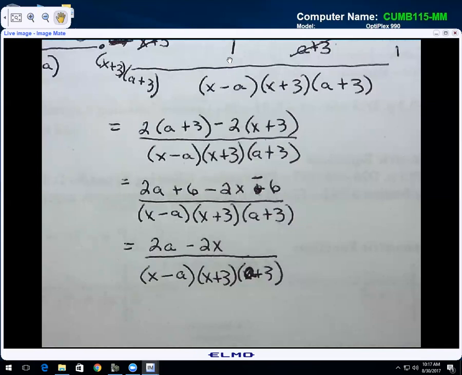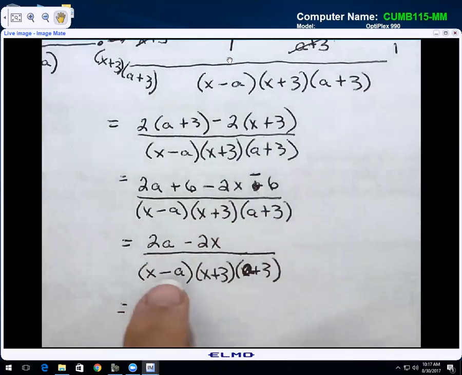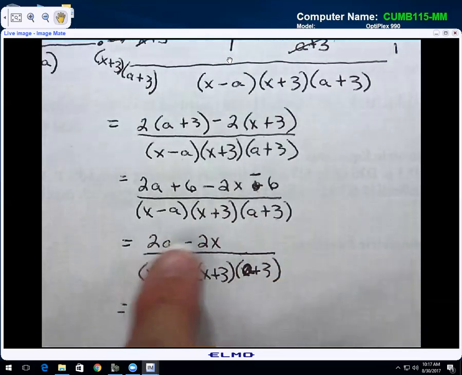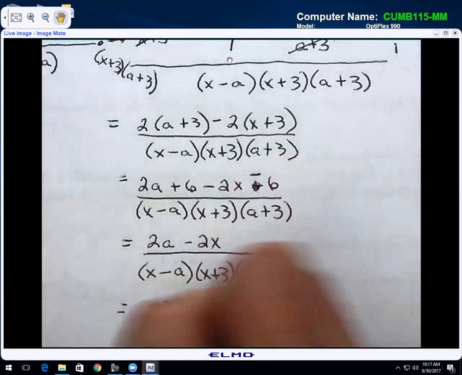So you were very, very close, Samantha, but is there something else I could factor out in the numerator so that I would be left with an x minus a? Negative 2. If I want to change the order of subtraction, I factor out a negative. So if I factored out a negative 2, that would leave me negative a plus x, or I could just write it as x minus a.